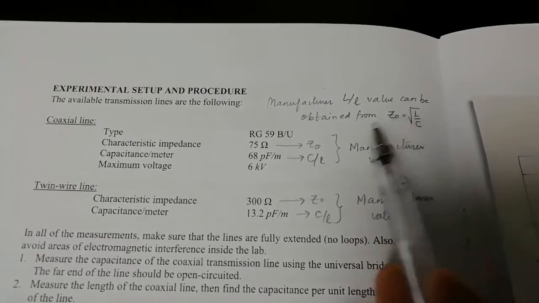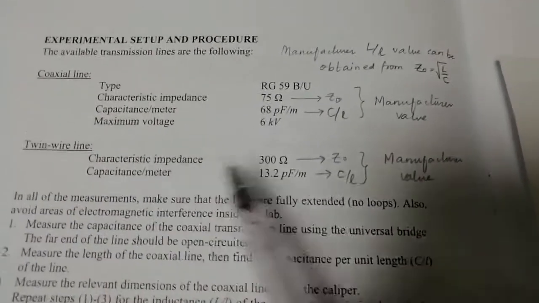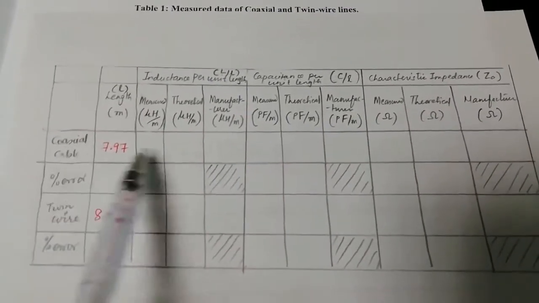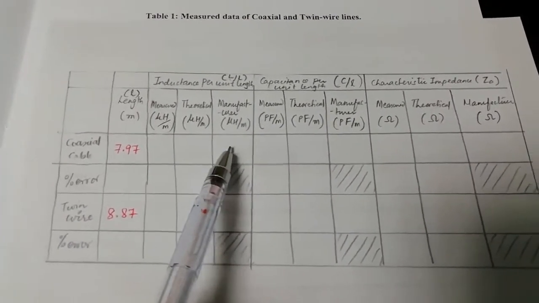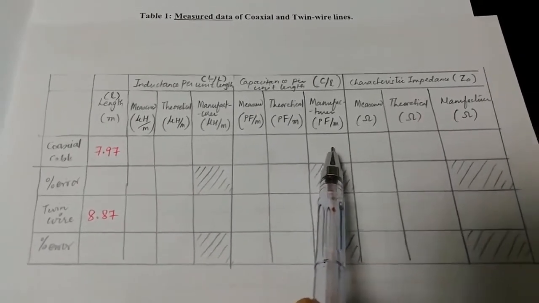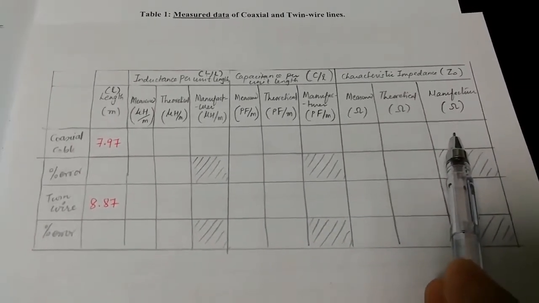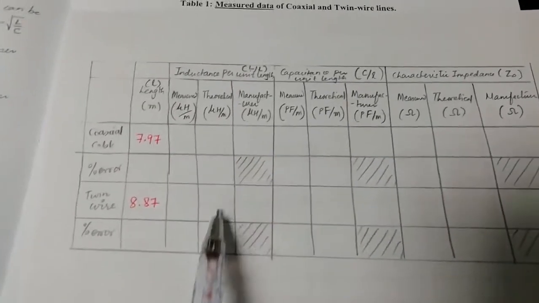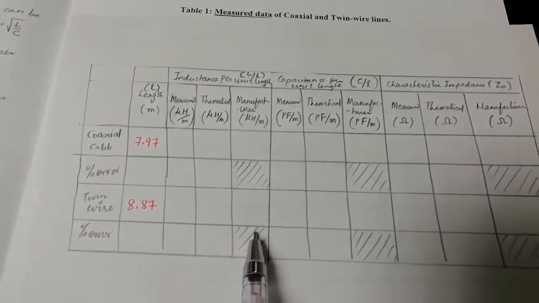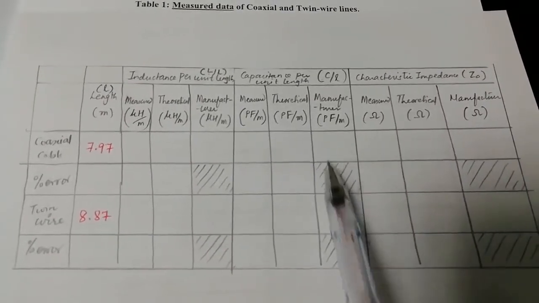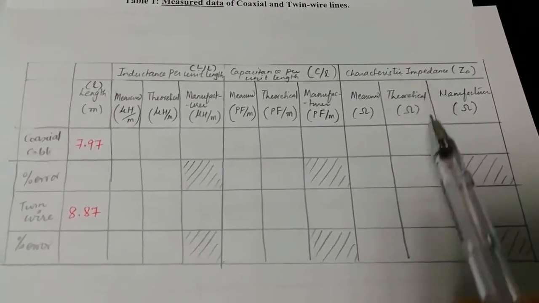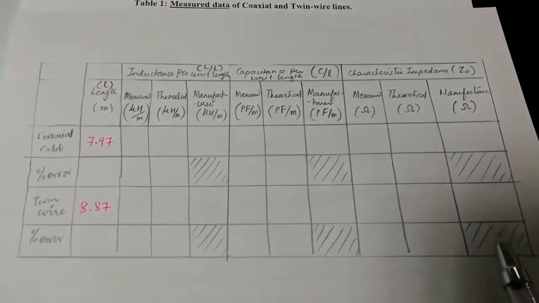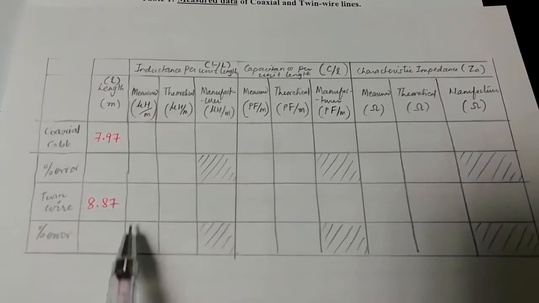Once you get it for coaxial cable and for the twin wire, you just tabulate here. So this is for the manufacturer: for coaxial cable, inductance per unit length, capacitance per unit length, and the characteristic impedance. In this way we have filled the theoretical and the manufacturer, even for characteristic impedance. Now we are left with only the measured one.